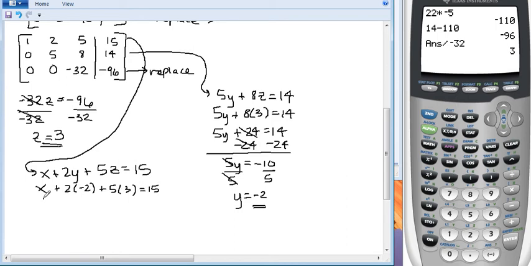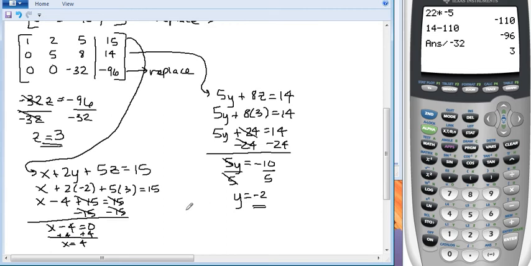So what do I have here? I have x minus 4. 2 times -2 is a -4 plus 15 is equal to 15. Okay? If I would subtract my 15 across, these get wiped out, and so do these. So now I have x minus 4 is equal to 0. Adding my 4 across gives me x is 4.